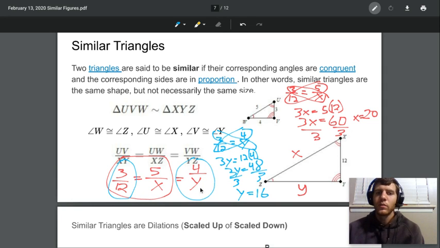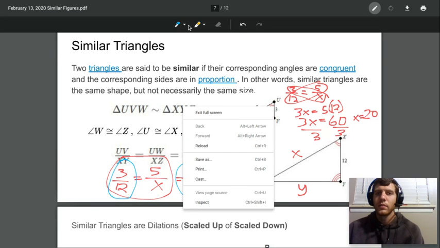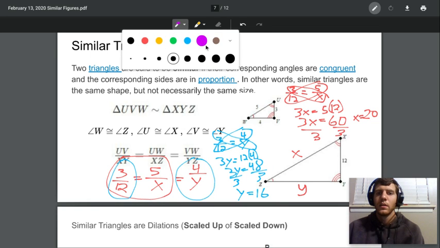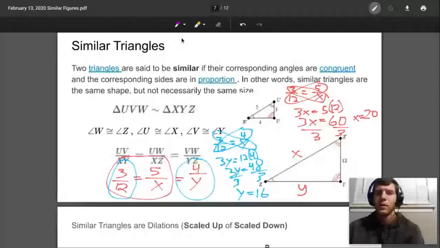If we look at our ratios here, we have 3 over 12, 5 over 20, since we found X to be 20, and then 4 over 16.